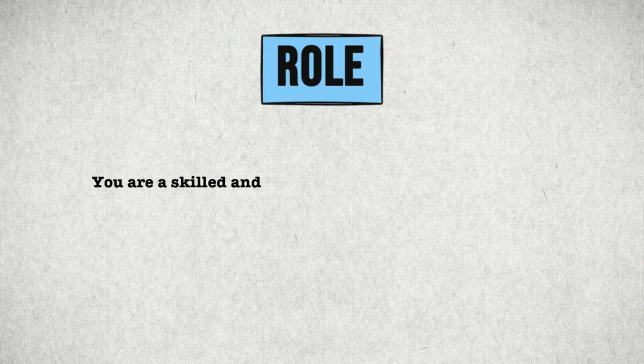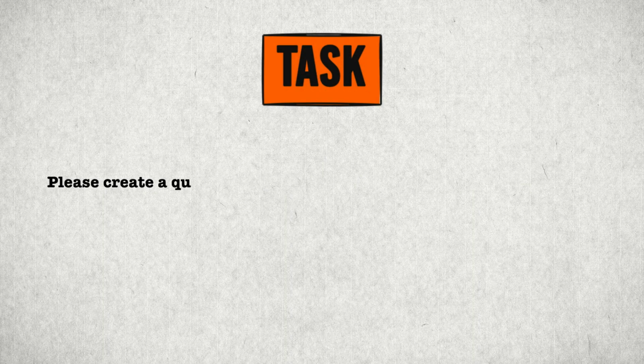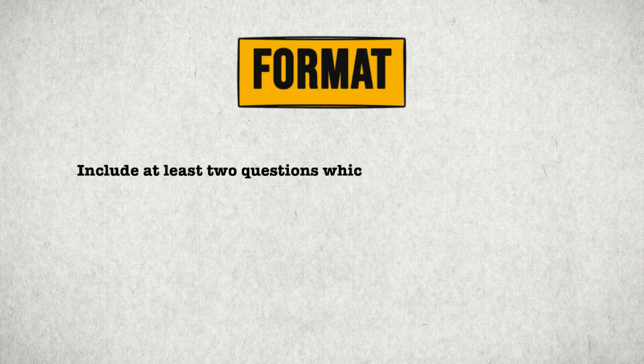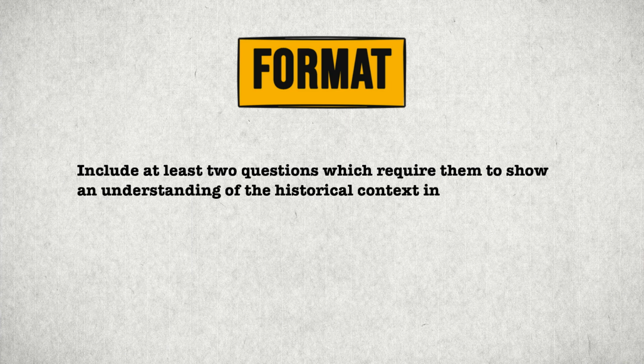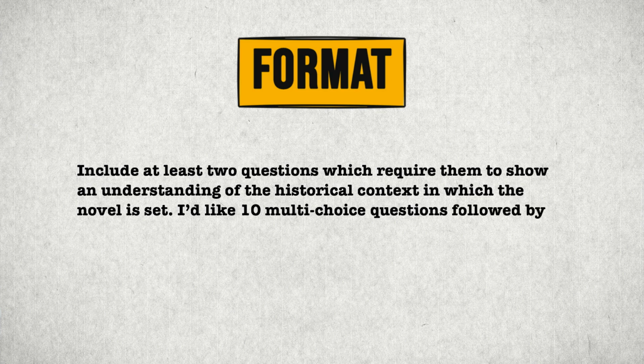You are a skilled and experienced curriculum planner. Please create a quiz to determine their familiarity with Chapter 2. Include at least 2 questions which require them to show an understanding of the historical context in which the novel is set. I'd like 10 multi-choice questions, followed by 5 short answer questions.